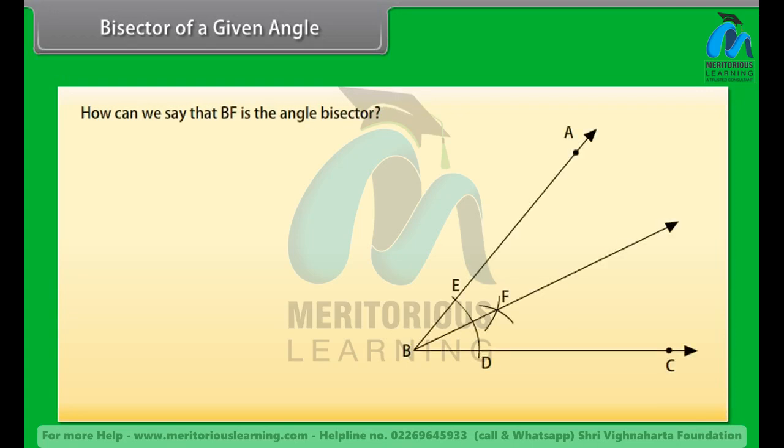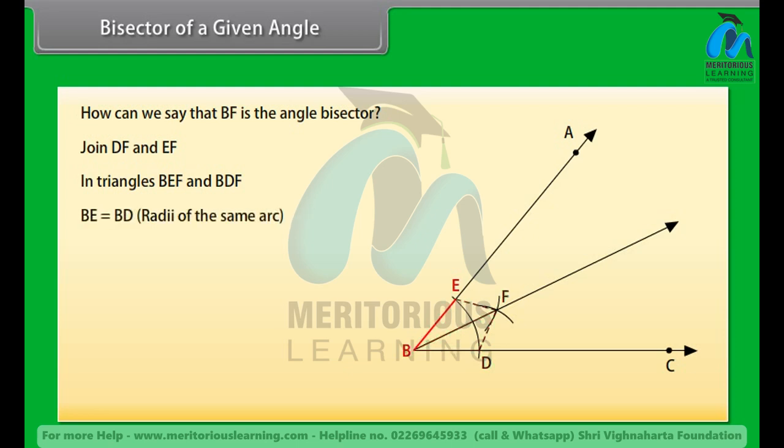How can we say that BF is the angle bisector? Let us prove this. Join DF and EF. Now in triangles BEF and BDF, BE is equal to BD because these are the radii of the same arc. EF is equal to DF because these are the arcs of equal radii.